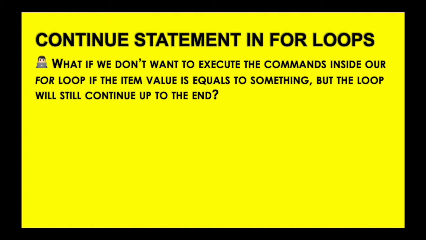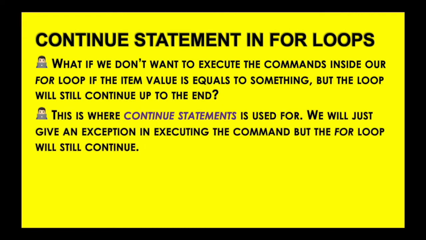This time, with the continue statement, if a certain condition is met, the item on that specific condition will not be printed, and it will go to the next item. The loop will still continue up to the end.